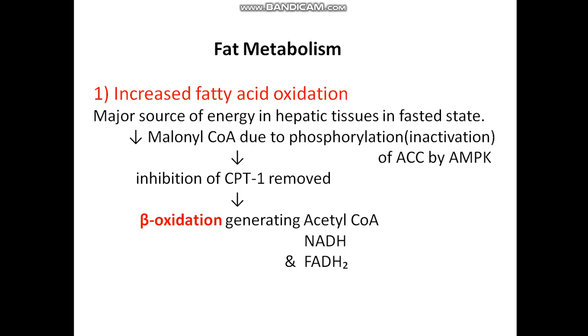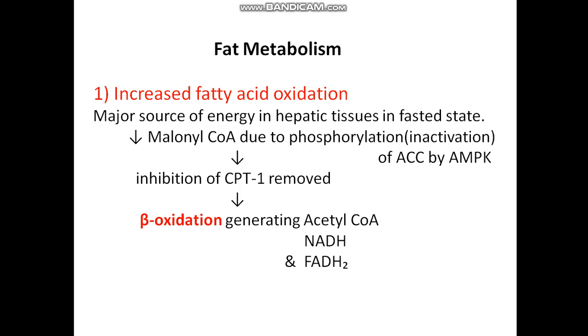Now the fat metabolism: increased fatty acid oxidation is the major source of energy. Malonyl coenzyme A is decreased due to phosphorylation, that is inactivation of acetyl coenzyme A carboxylase by AMP kinase. This malonyl coenzyme A is decreased due to the decreased fatty acid synthesis, because ACC is the enzyme for the fatty acid synthesis pathway.